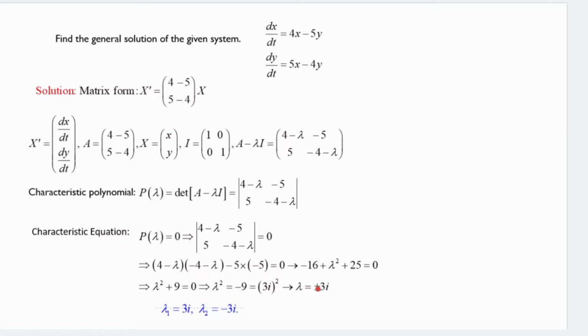So lambda equals plus minus 3i. That means we get complex eigenvalues. In this case, our alpha is 0, our beta is 3. So here lambda 1 is 3i, then lambda 2 will be minus 3i. That means the eigenvalues are complex conjugate.